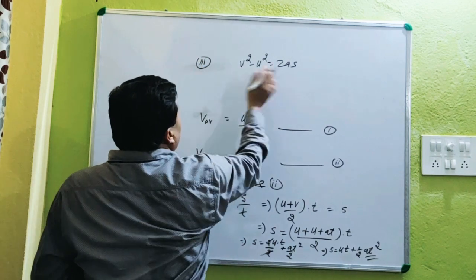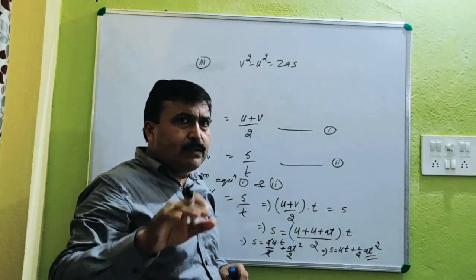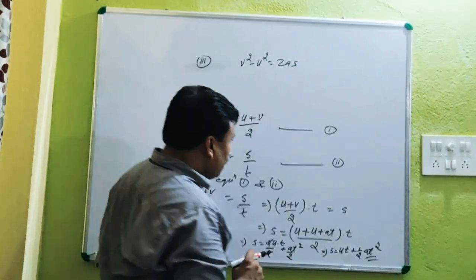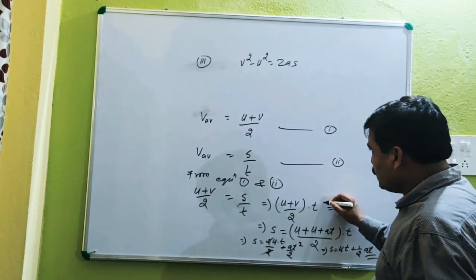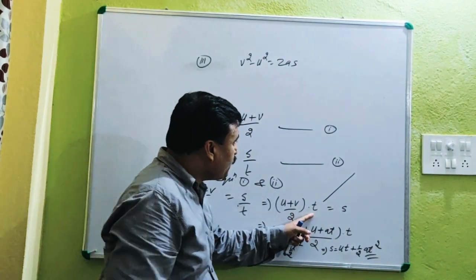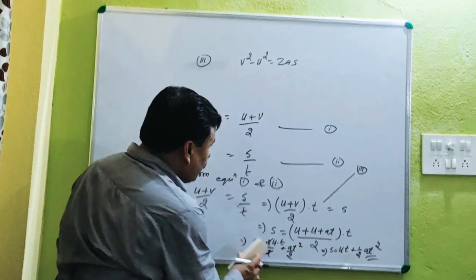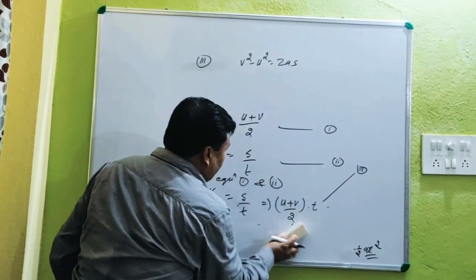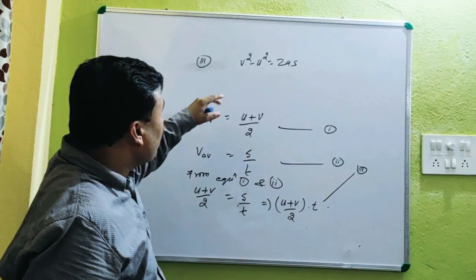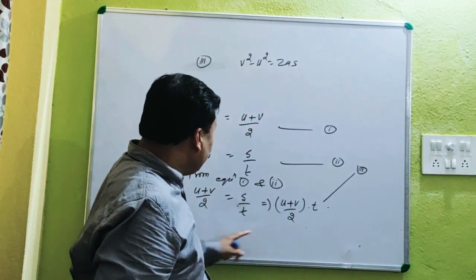To derive the third equation of motion, we have to do the same as for the second equation of motion, and proceed from equations 1, 2 and 3.